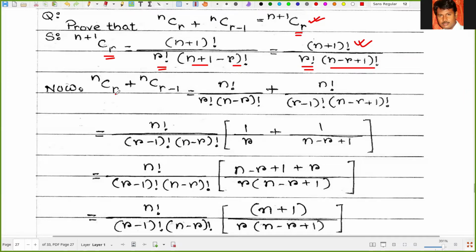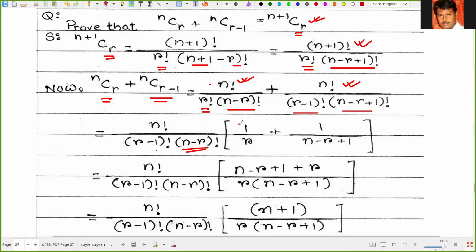Now the left hand side, nCr plus nC(r minus 1). nCr can be written as n factorial upon r factorial (n minus r) factorial, and nC(r minus 1) can be written as n factorial upon (r minus 1) factorial and (n minus r plus 1) factorial. We can take common n factorial upon (r minus 1) factorial and (n minus r) factorial.